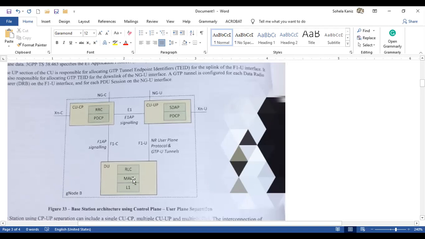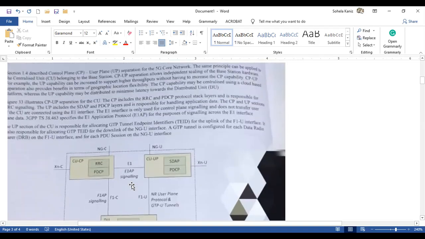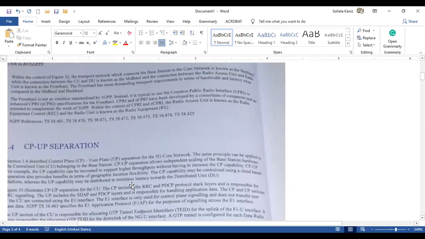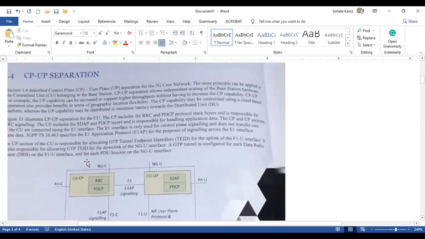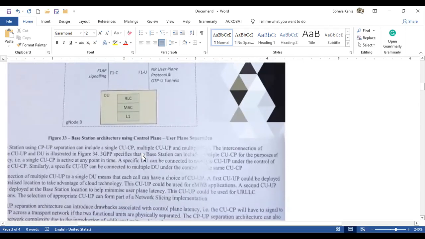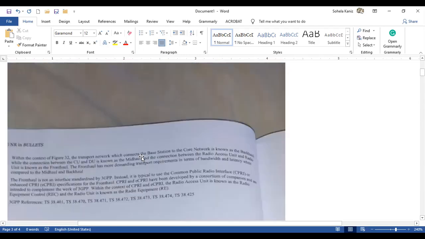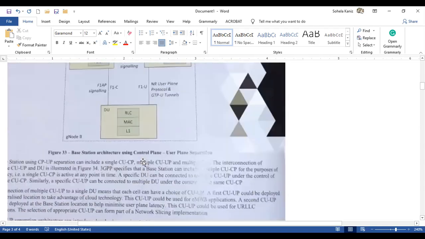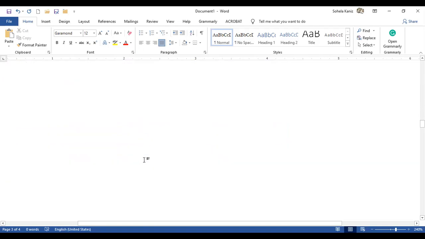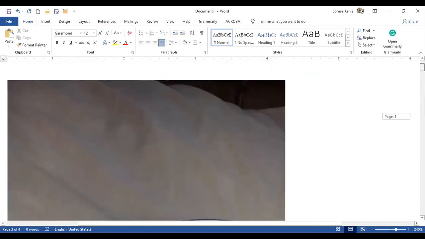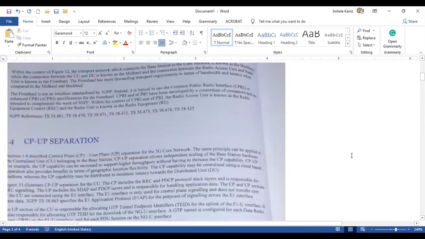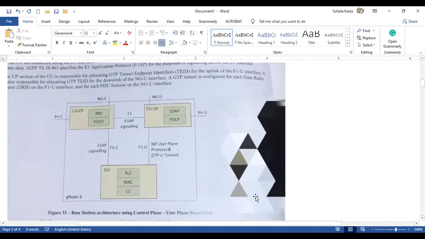So that you implement CP-UP, control plane and user plane separation for this type of implementation. So many different provisions are available. Right. Okay, questions?